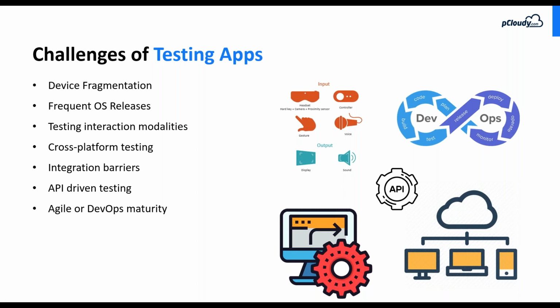Then that becomes a big challenge when you want to test your applications, because when we are talking about DevOps, we have to make sure that most of the test cases and testing practices are automated. So these are some of the dependent things which we treat as challenges in the testing domain.